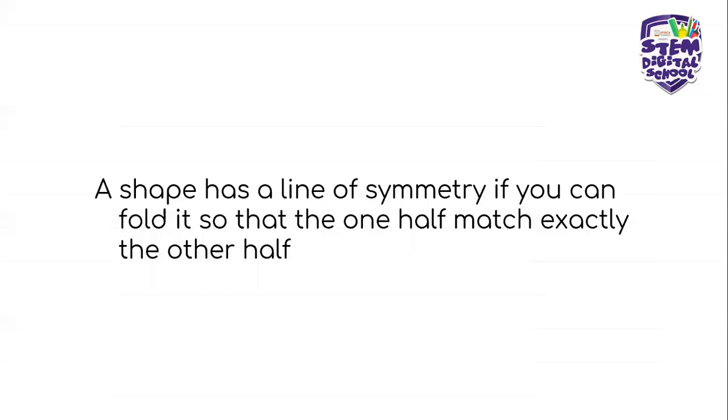A shape has a line of symmetry if you can fold it so that the one half matches exactly the other half. And this is what we mean when we talk and expand on the line of symmetry. I'm going to give you an example.